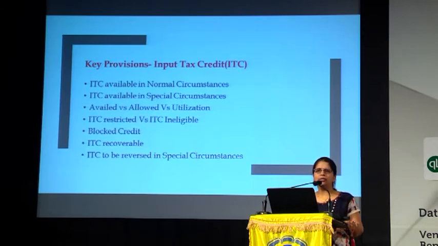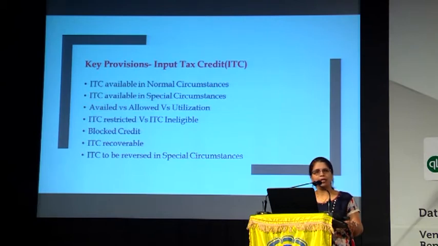Then basically we use the terminology of block credit. In GSTR 9 there is a section, they have not given the terminology as block credit, they have used Section 17 subsection 5. So wherever they have used 17(5), it is nothing but a block credit. Block credit is the credit which is actually used in the course of furtherance of your business, but it is blocked by the provision of the law.